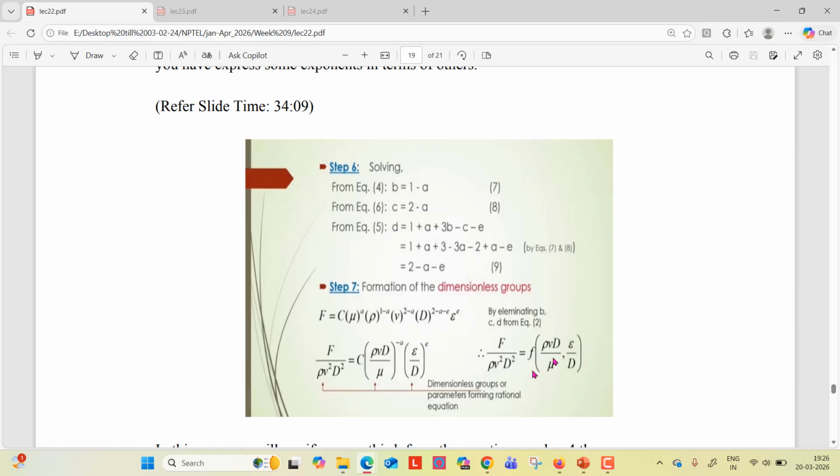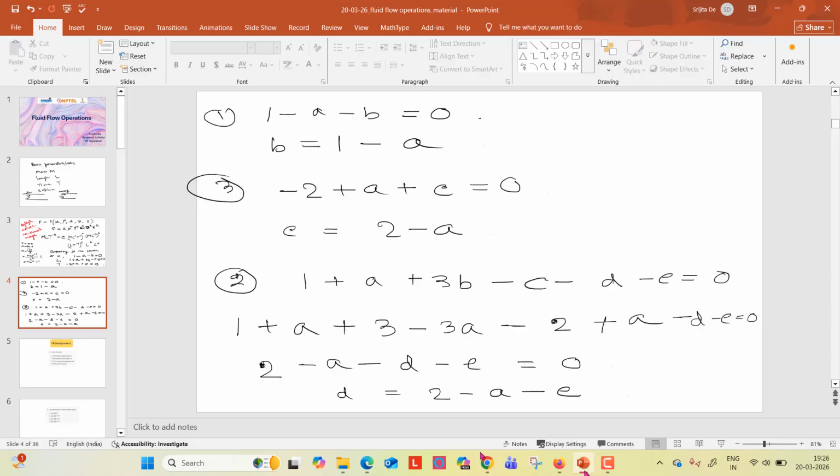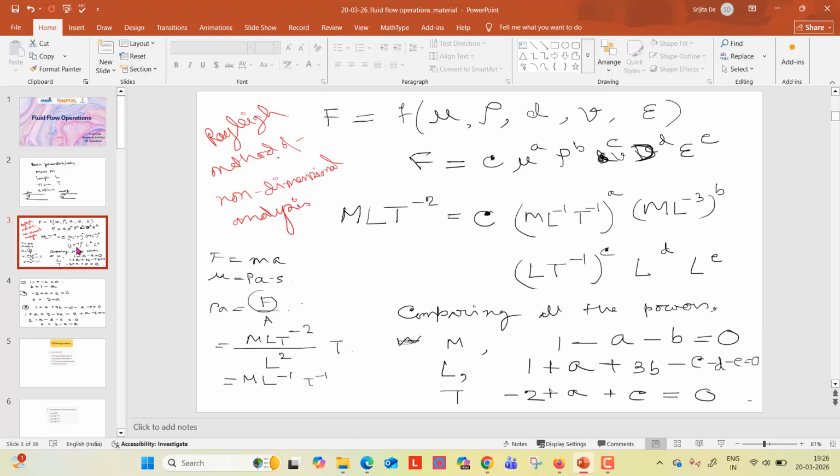Now we will substitute back in the equation. So what was the equation? This one.